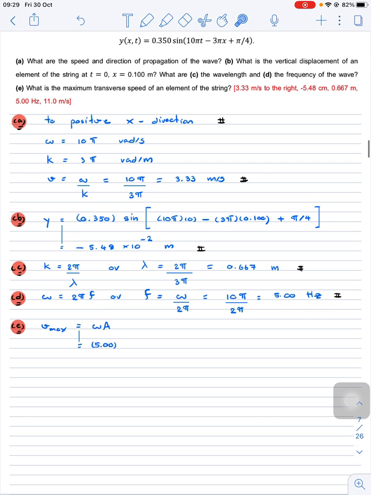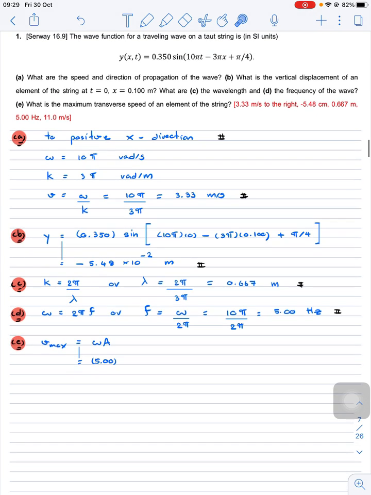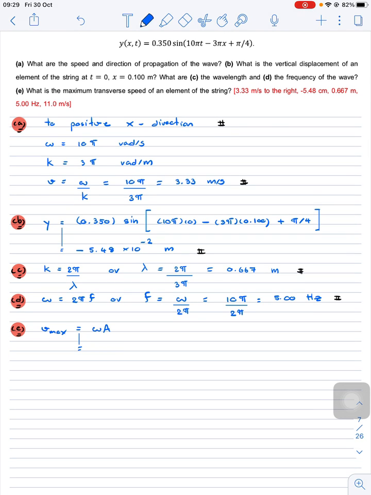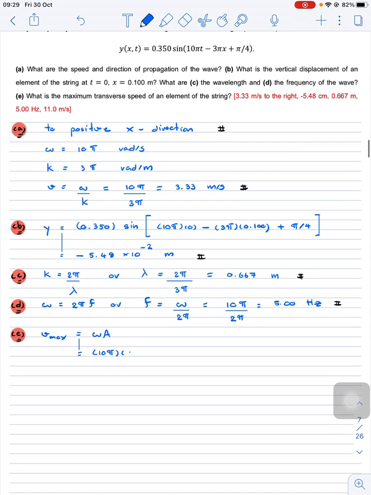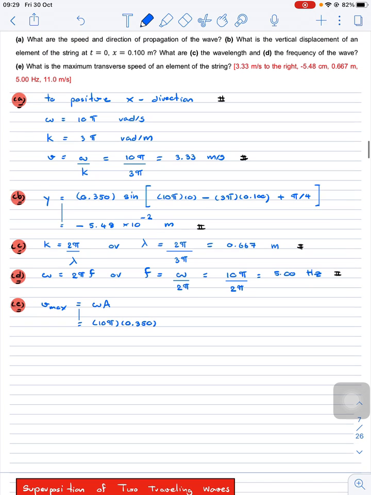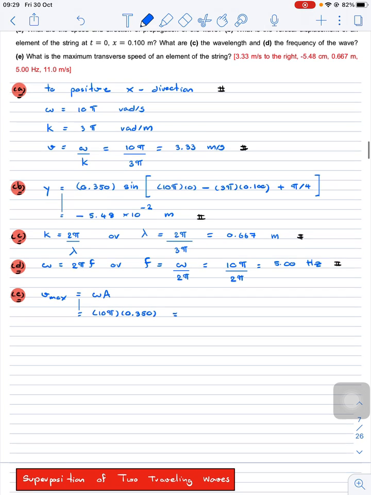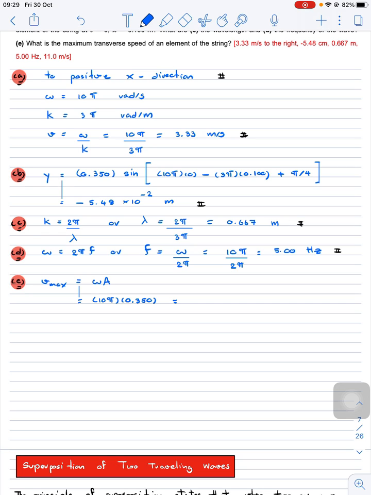Now we can just use the calculator to solve that. Vmax is equal to 11.0 meters per second. So this is the answer.